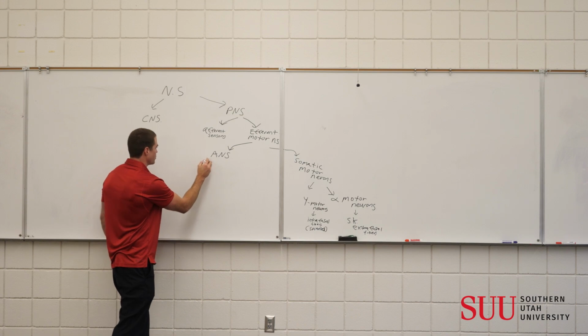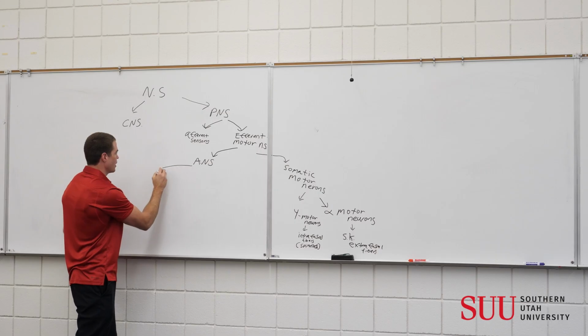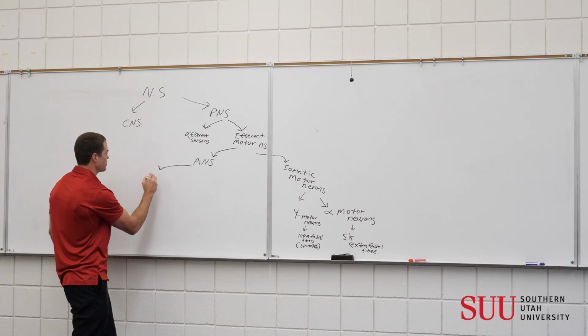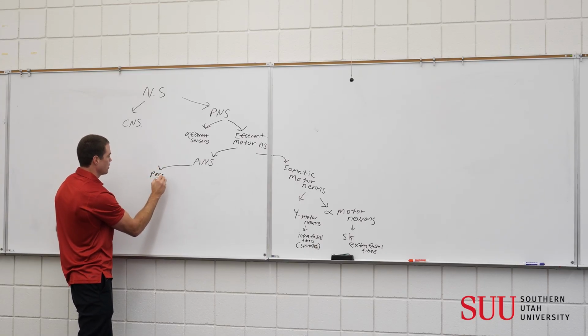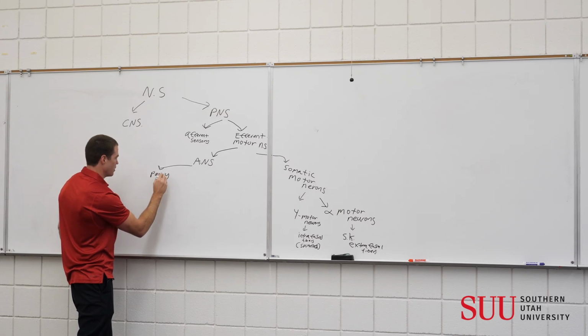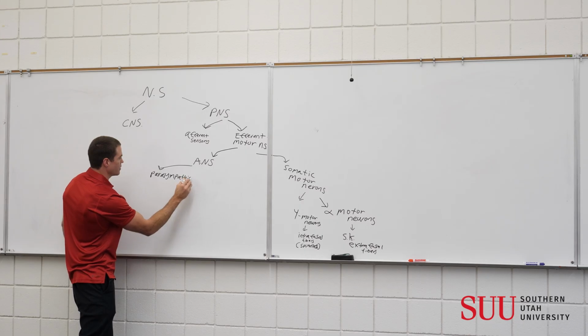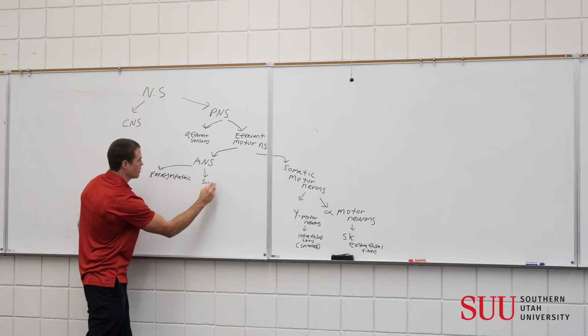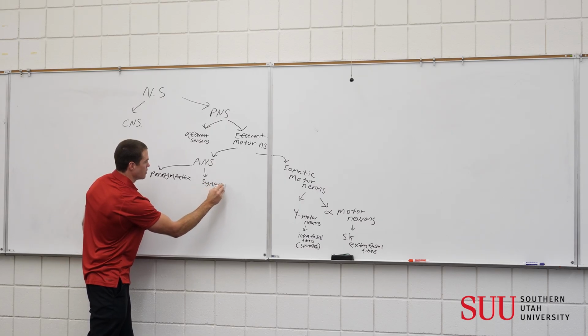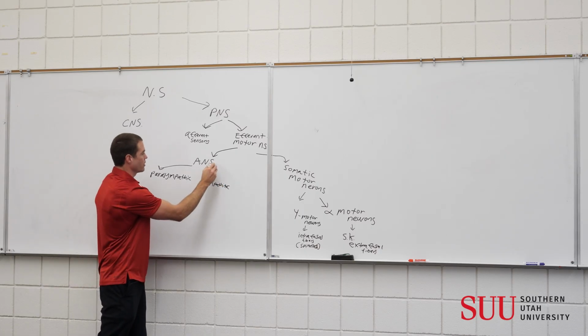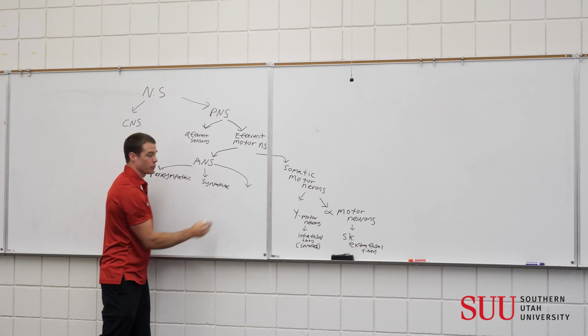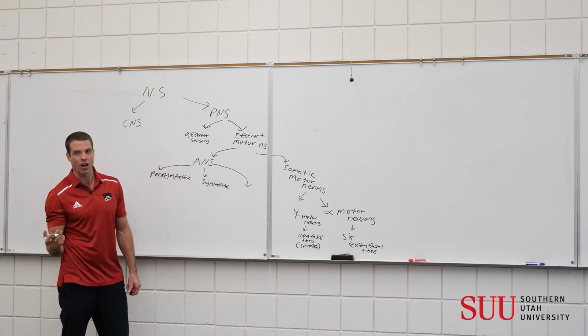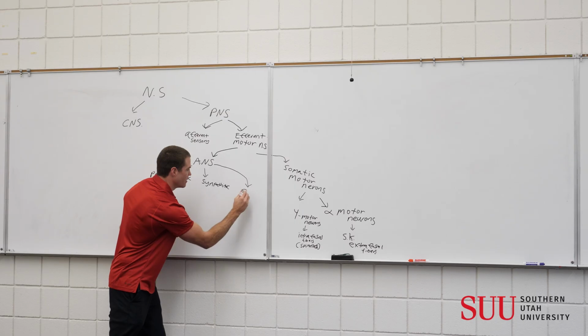Okay, so for example, we have your parasympathetic system, and then you have your sympathetic system. And then you have, of course, another one that's not so obvious. We don't talk about it very much. This is actually called the enteric system.